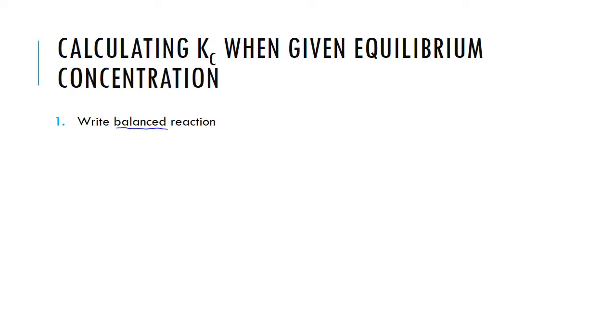I have seen questions on the IB exam where they give you a partially balanced reaction. So always just remember, write a balanced reaction, and if they give you a written reaction, make sure they balanced it. Write your equilibrium expression, and then substitute the given values, plug it in your calculator, and solve.